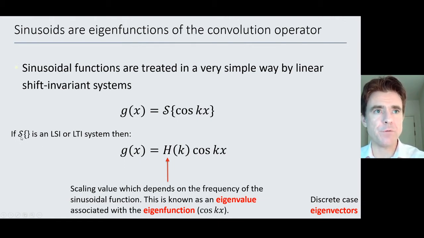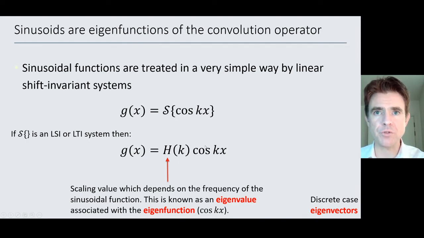Now, if that operator, if that system is a linear shift invariant system, then this is the remarkable outcome that we have, which is that the output function is identical to the input function, because the input function here was cos kx, and the output function is cos kx.